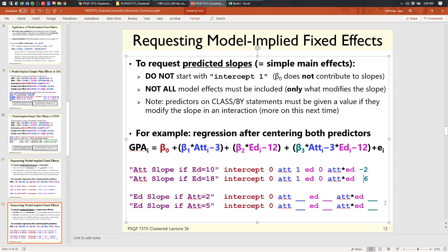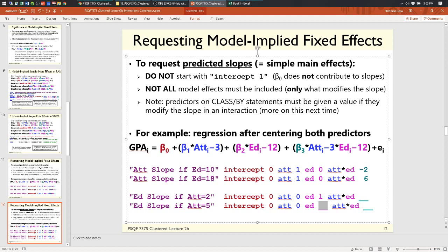Now the other way, if I think about the education slope as the thing I care about and attitudes as a moderator, do I need any beta 1s? Nope. Do I need any beta 2s? How many? Just 1 to get me started. Because at a minimum, that's what the education slope is.